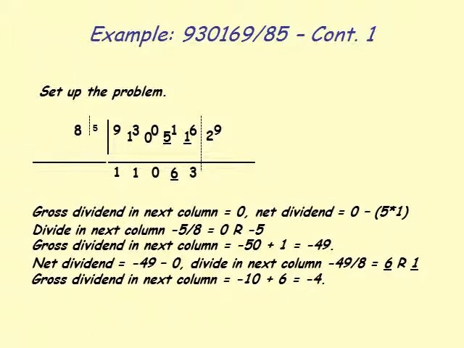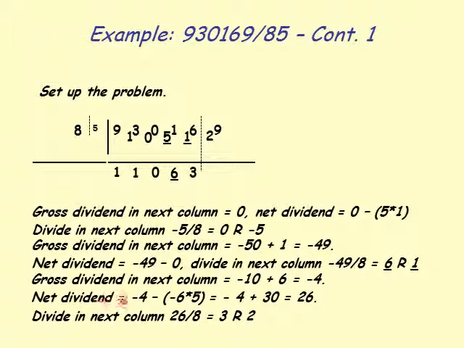That's my gross dividend here. Net dividend is minus 4, and adjustment from here: negative 6 times 5 is negative 30, which we have to subtract. That makes minus 4 plus 30, which is 26. In next column we have 26 divided by 8 is 3, remainder 2. Here is 3 and remainder 2.